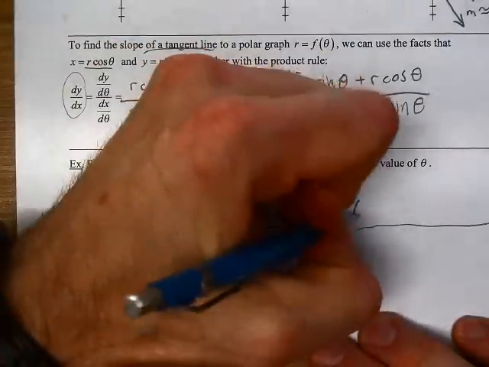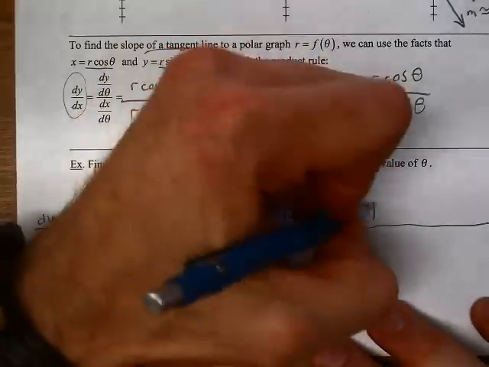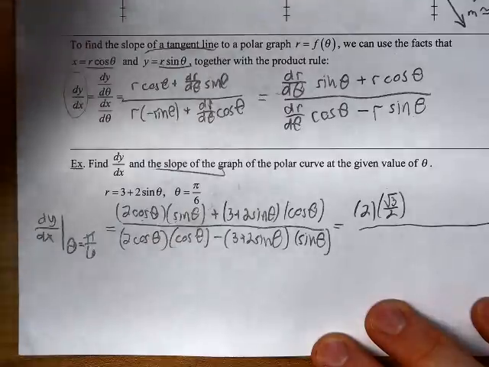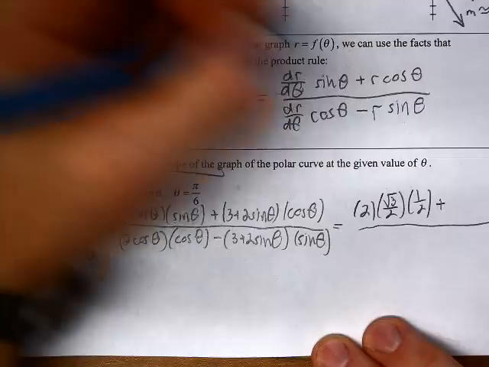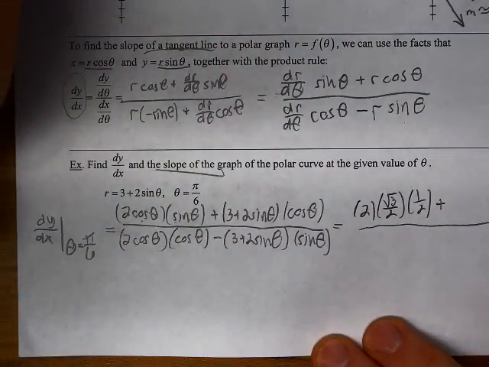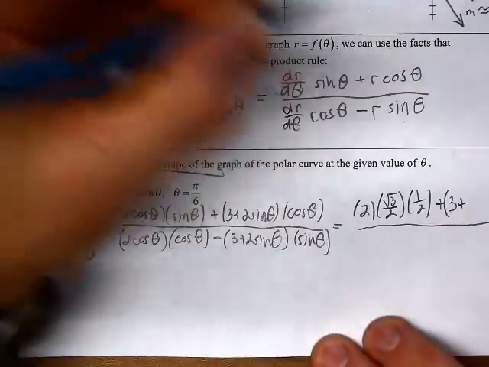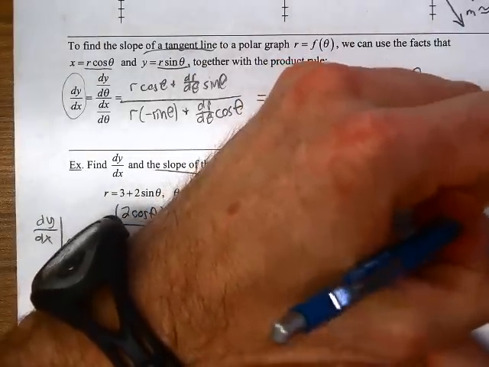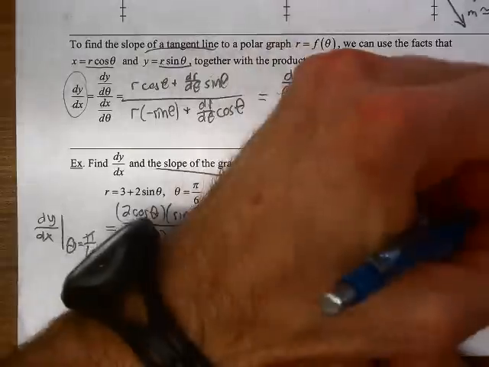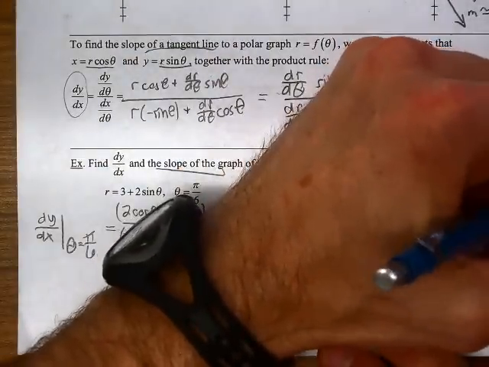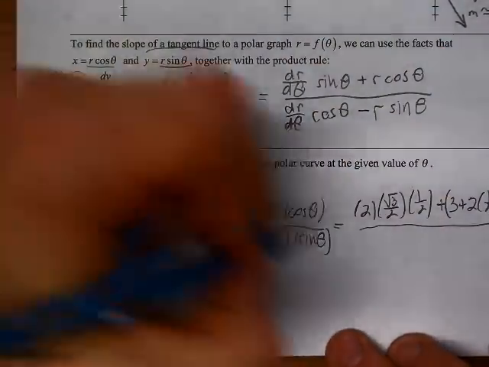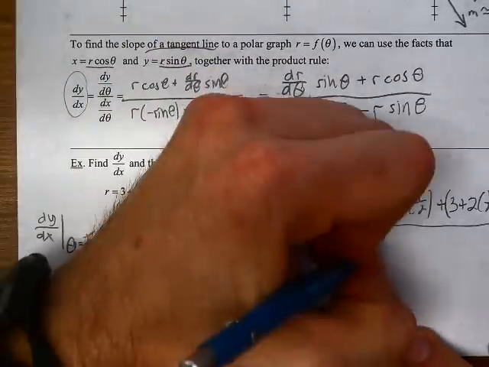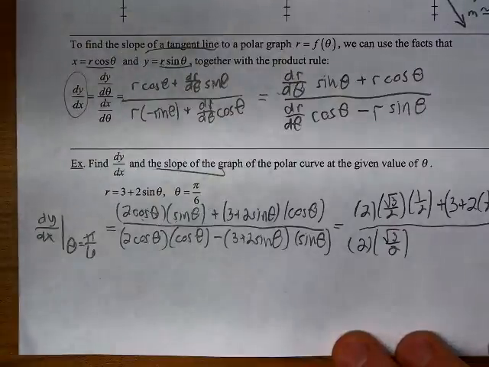So I have 2 times cosine of theta, root 3 over 2, times sine of theta, which is 1/2, plus 3 plus 2 sine theta, which is 1/2, times cosine theta, root 3 over 2. And then our denominator is 2 times root 3 over 2. Again, that's just dr/d theta.